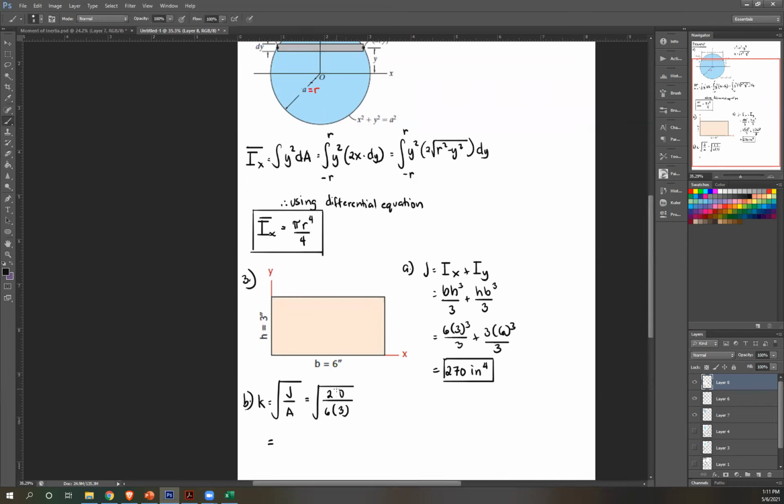Right. Once again, it's 3.87. And then the unit for this, for radius, it's just a radius. So one dimension, so that's just inches.